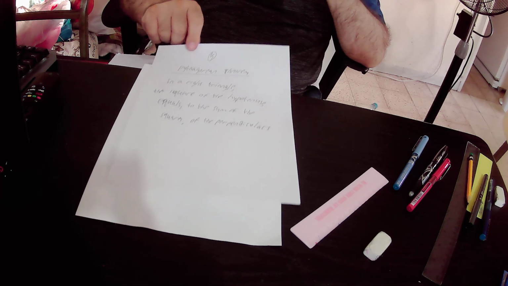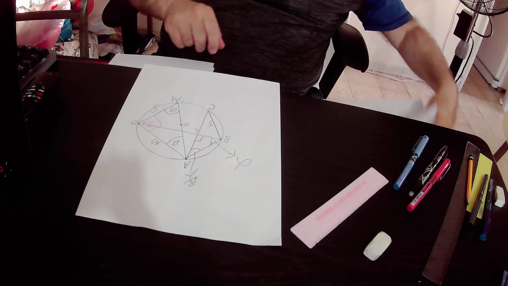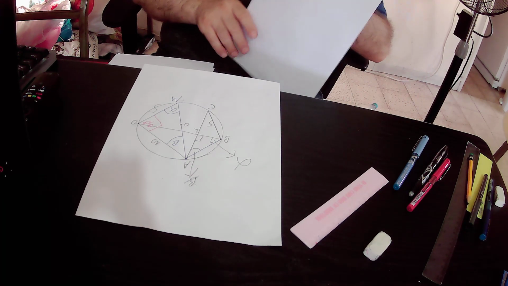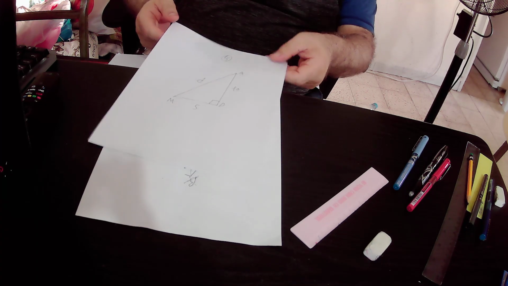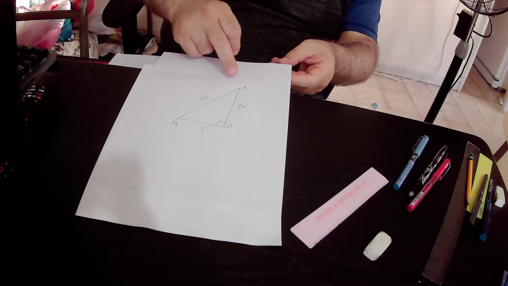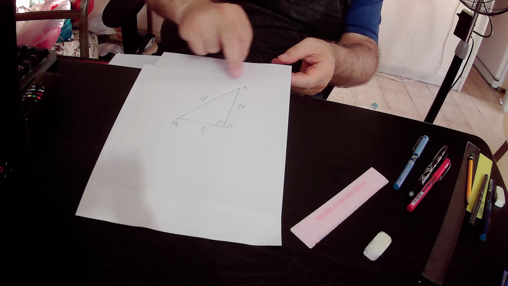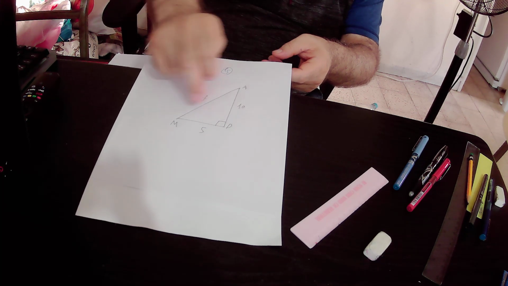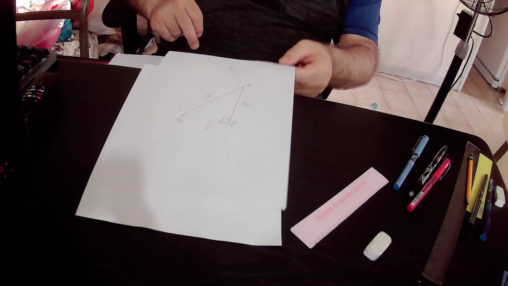So we can implement this rule in our right triangle. According to the Pythagorean theorem, AM square equals AD square plus MD square.